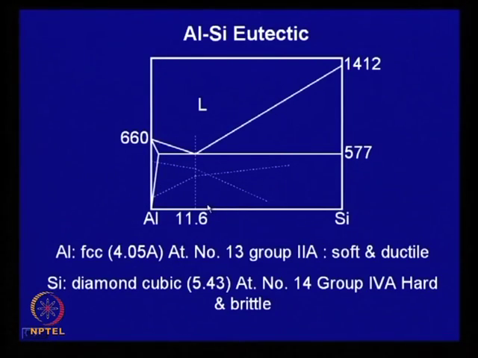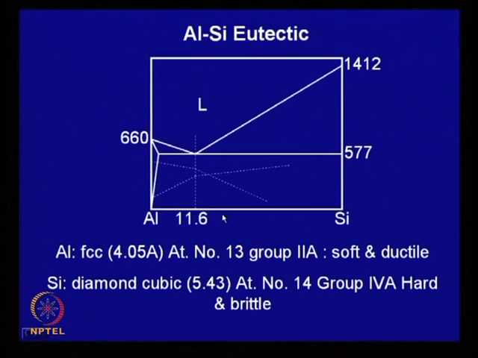So, in the alloy if you have more silicon, then it becomes brittle and it is not of much practical use. Therefore, if you want a good alloy with good strength as well as ductility, one way is to modify the structure so that the eutectic can have more than what is predicted from a normal equilibrium diagram.